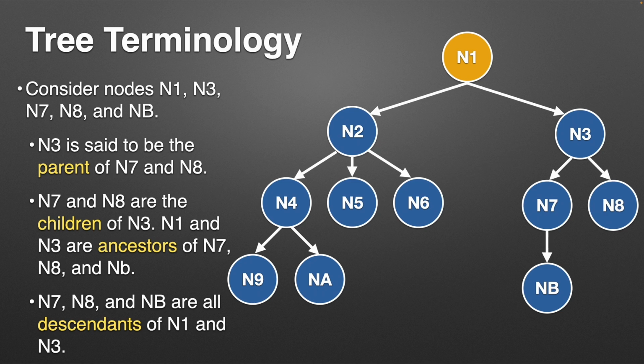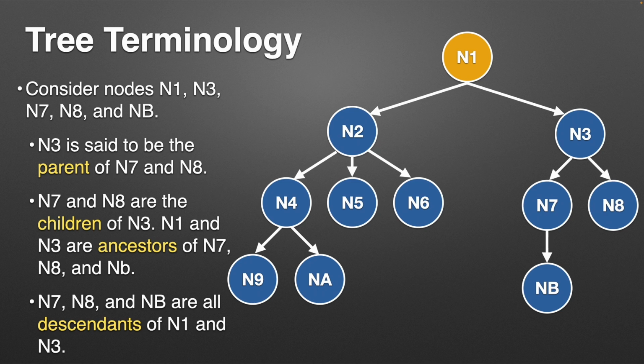So N1 and N3 are ancestors of N7 and N8, right? They're both of those. And so if you wanted to extend that, you could say, what are the ancestors of N9? N4, N2, and N1.